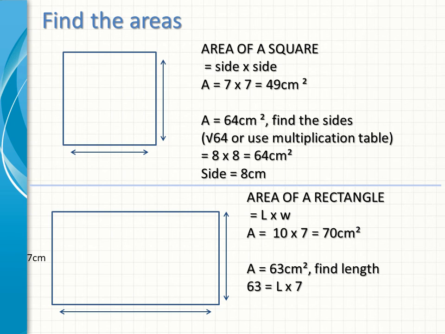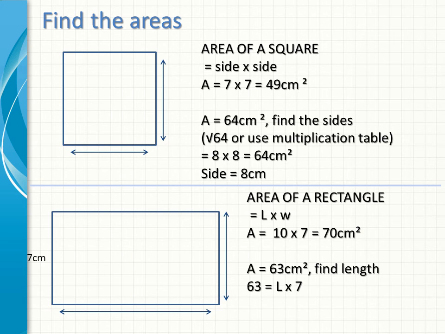How do we go about this? Now we know that our area is 63, and to arrive at the area, we must have multiplied the length by the width. We don't know the length, but we know the width. So 63 equals length multiplied by 7. Now, how do we find the length? By simple arithmetic.